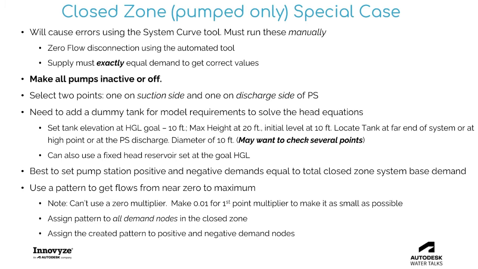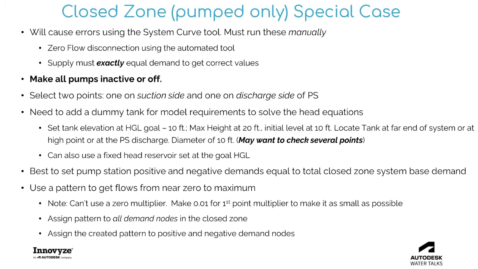If I had a junction at 100 feet, so 100 feet plus that 50 psi or 115.5, that would be the hydraulic grade line, or 215.5 feet, that I'd be shooting to meet. That would get me 50 psi at that elevation. Okay. So whatever your node elevation is plus your minimum pressure requirement, that's what you're going to be setting.